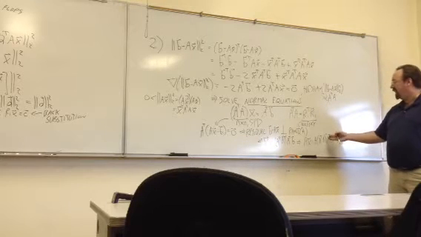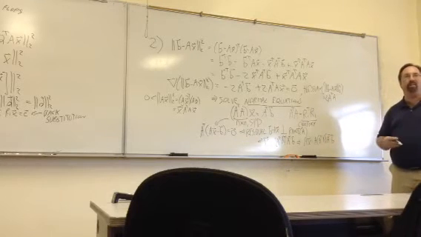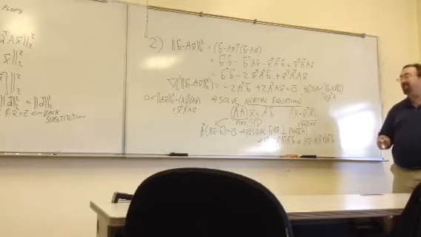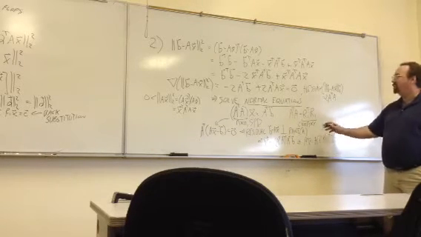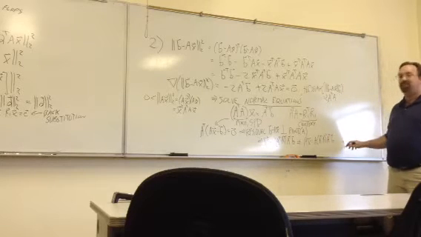I can't break this down to A inverse transpose because A inverse doesn't even exist in this case. So it turns out that AX is not equal to B, it's equal to this vector.